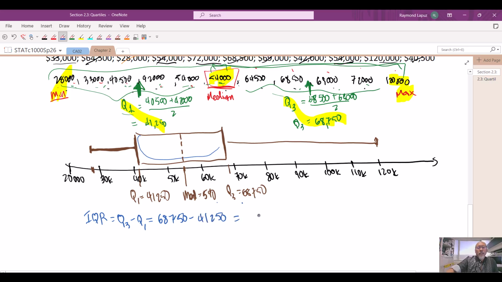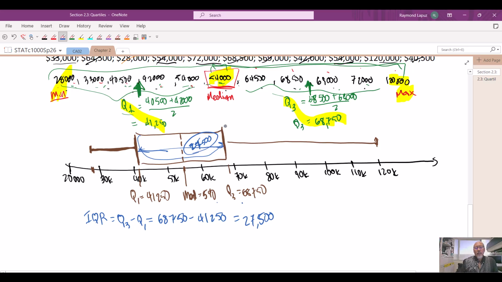I think this is going to start off with a 500, and then I just subtract. There's a 7 and there's a 2, so 27,500. So that's your IQR. That means this distance from Q1 to Q3 is a length of 27,500.